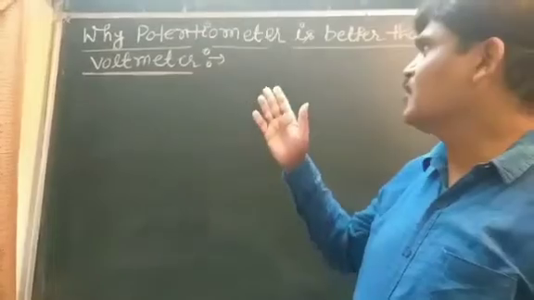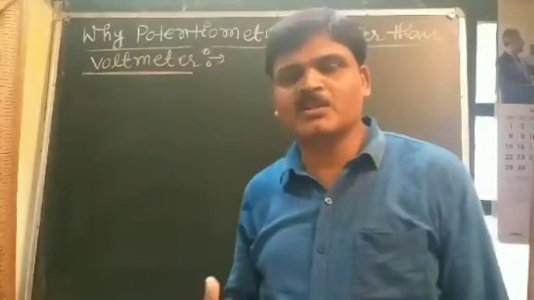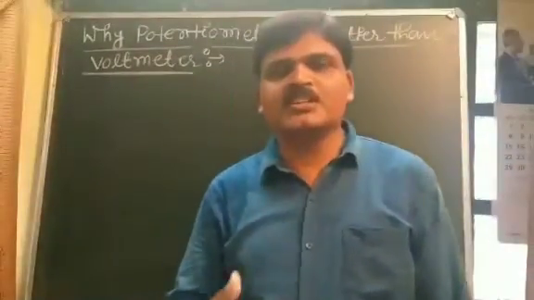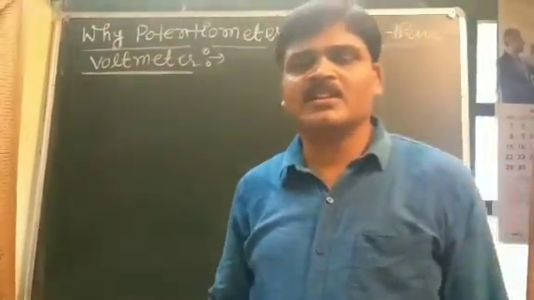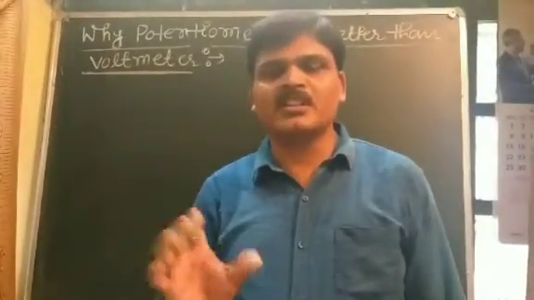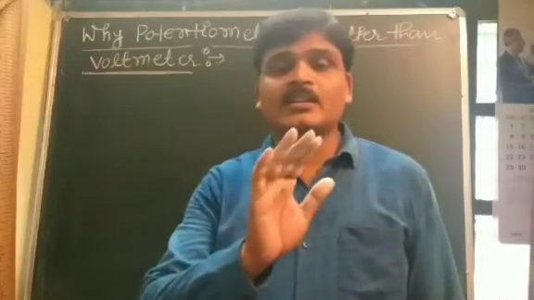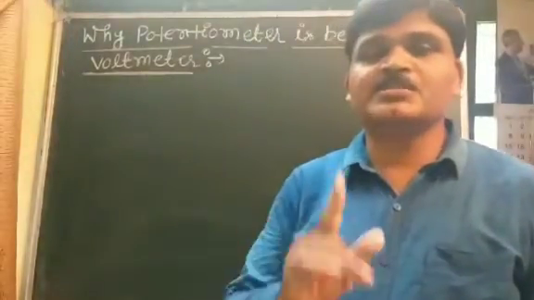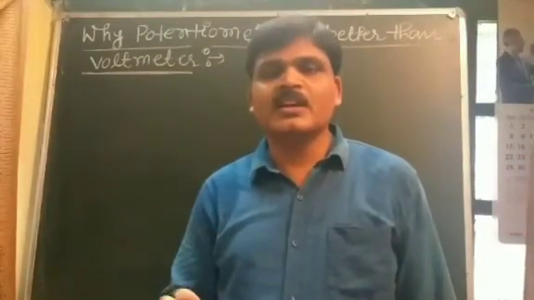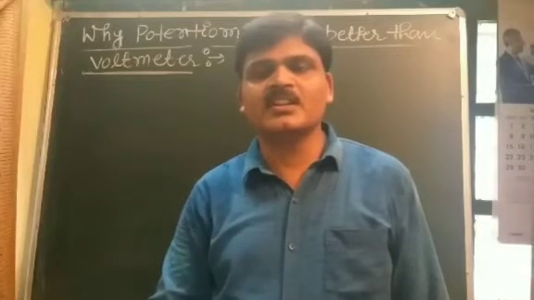Next topic is why a potentiometer is better than a voltmeter to measure the EMF of a cell. Students, you know that the potentiometer is based on the null method. At the null point it does not draw any current from the cell, so there is no potential drop due to the internal resistance of the cell.